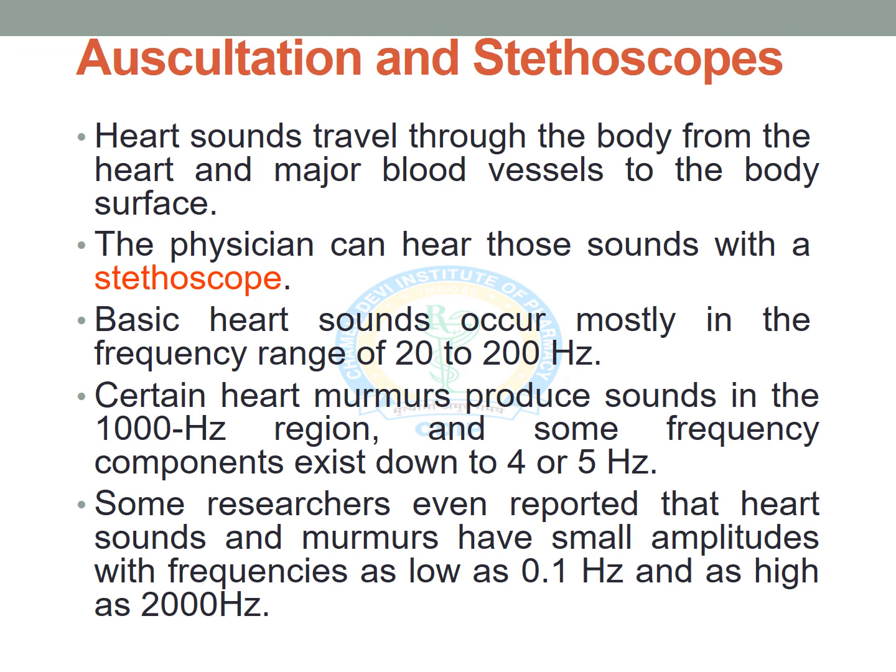Some researchers even reported that heart sounds and murmurs have small amplitude with frequencies as low as 0.1 hertz and as high as 2000 hertz, and that is why the third and fourth sounds, having very low amplitude and frequencies, get mixed up, but they can be recorded through phonocardiography.